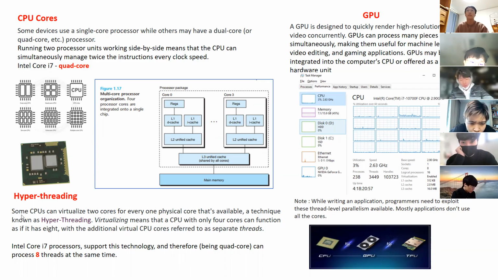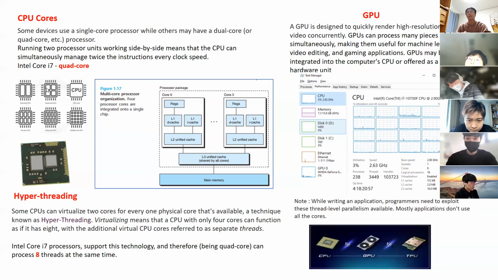That is called hyper threading. Hyper threading means some CPUs can virtualize. Not that every CPU will give you this feature, and not all computers have hyper threading, but in today's time, most computers do. Some CPUs can virtualize 2 cores for every one physical core.